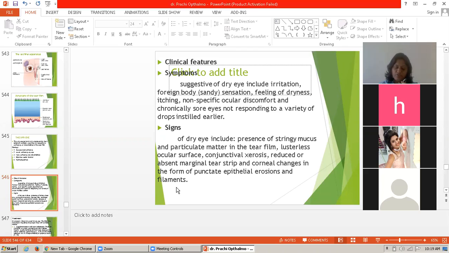They are composed of a central mucous core encased by epithelial cells and stained with rose bengal and fluorescein. Mucus plaques are attached loosely to the corneal surface and are also stained by rose bengal dye. There is thinning in severe dry eye, and sometimes perforation.